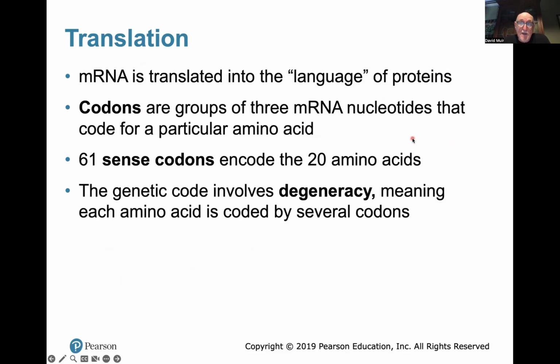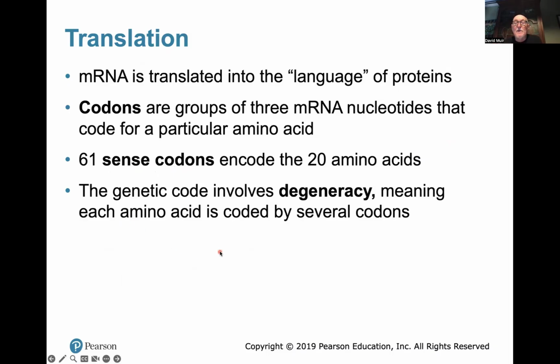If you work it out mathematically, it is possible for there to be 64 codons in general, but 61 of them are called sense codons, and those are those that translate to an amino acid. And then there are some which are going to code for instructions.